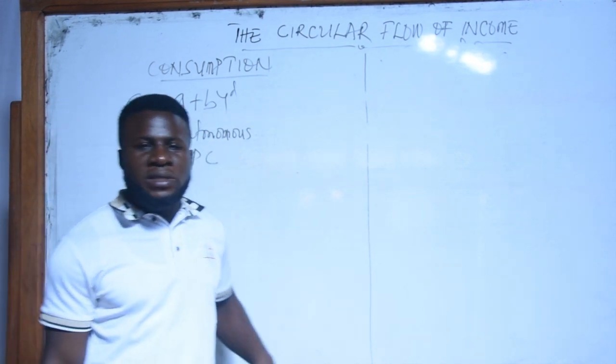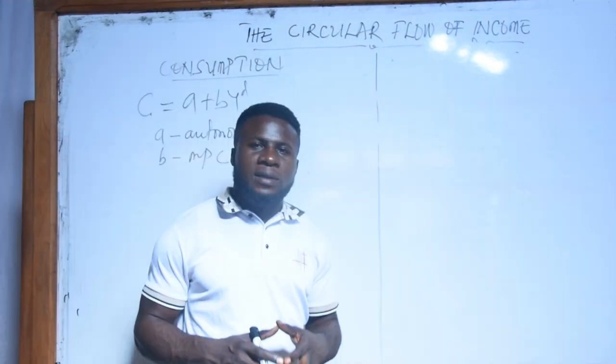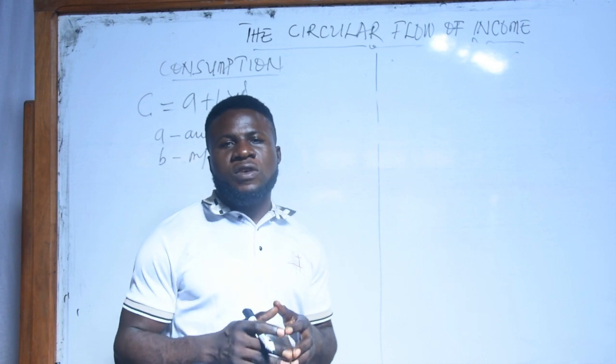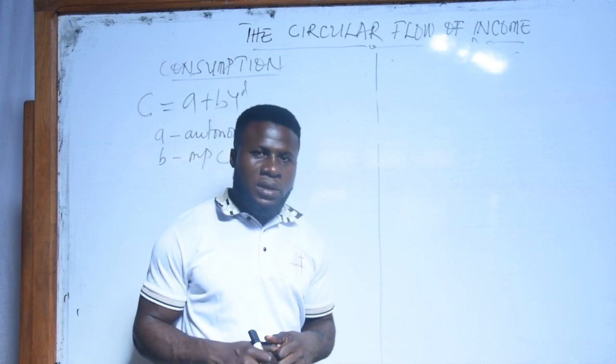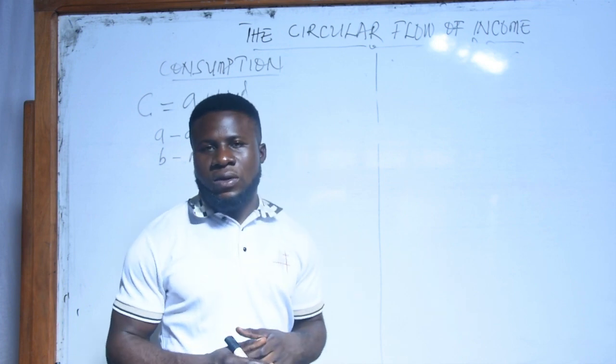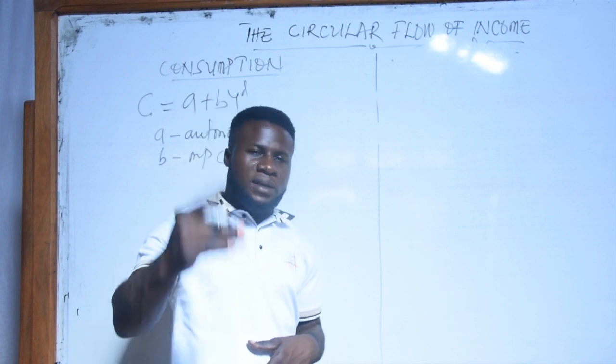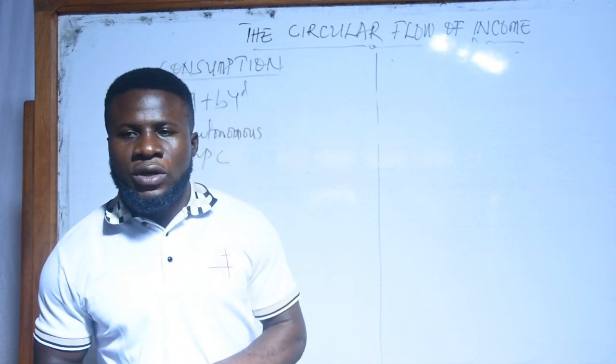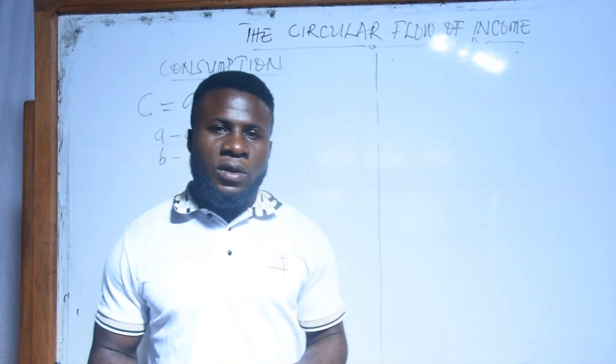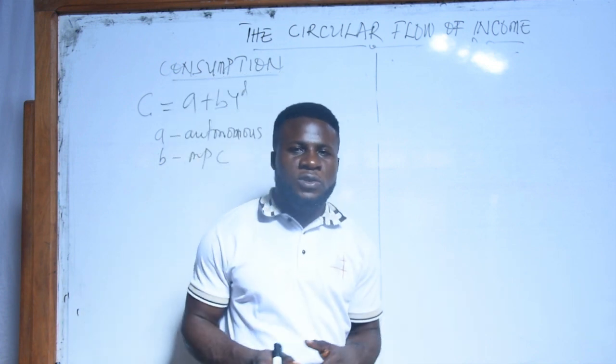And then this B here stands for the marginal propensity to consume. The marginal propensity to consume simply refers to that proportion of an individual's income that is spent on consumption. If your income happens to change, what proportion or what part of that income are you going to spend on consumption? What part of that extra income do you spend on consumption?